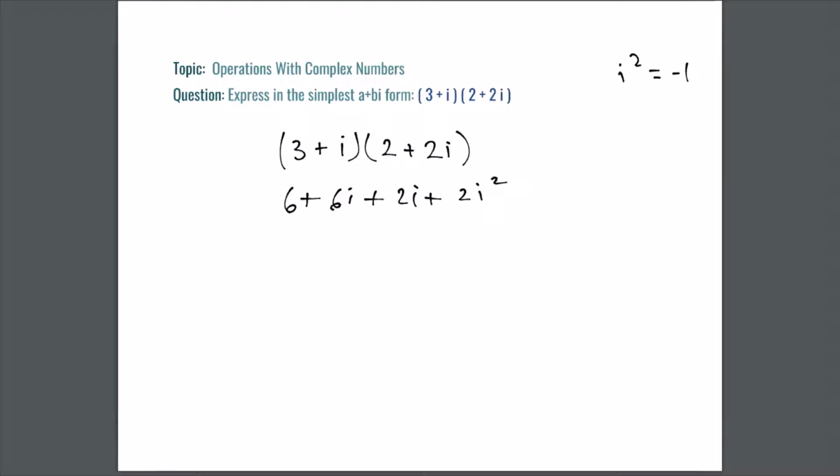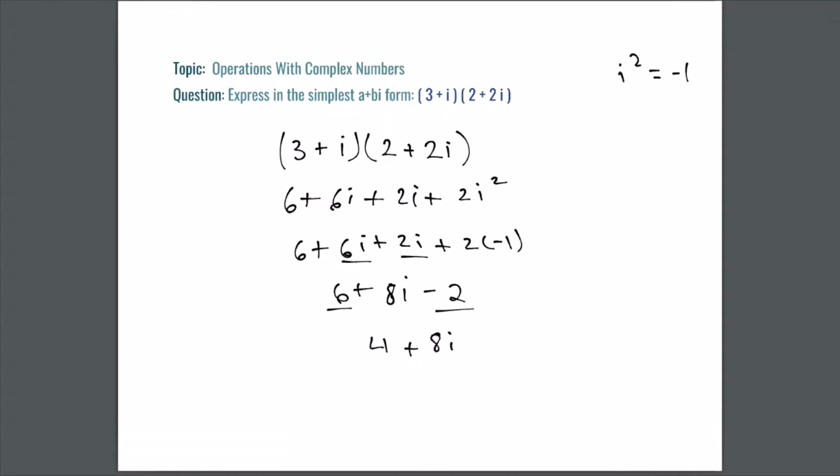As we did before, we replace i squared with negative 1. Now we're going to multiply 2 with negative 1 and add 6i with 2i. So it's 8i minus 2. Now 6 minus 2 is 4, plus 8i.